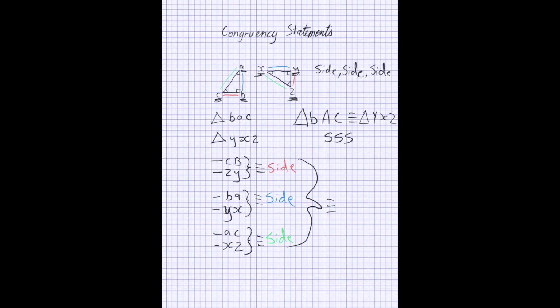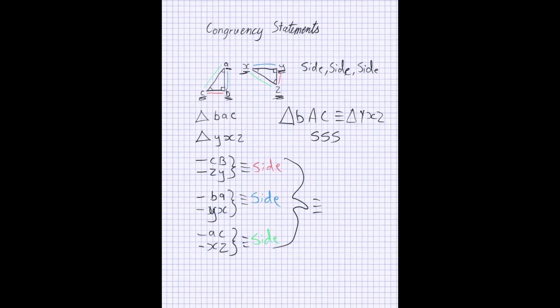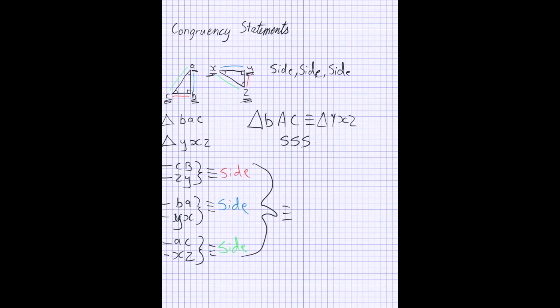So when you do see our problems later on that ask about is this shape the same as the other, this is what you are going to end up writing.